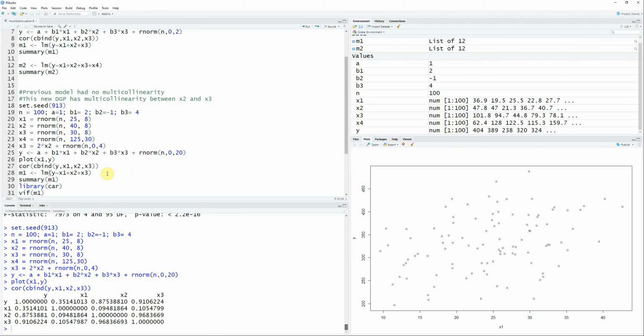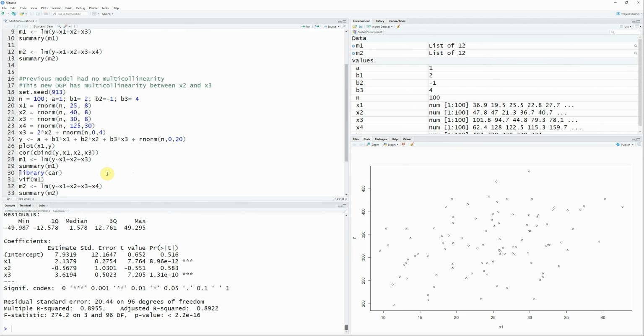So let's run model 1 again, and then look at the summary of it. This time, x2 is not significant at all, and our estimate for x1 is fine, not as fine as it was before, so it's not as accurate as it was.